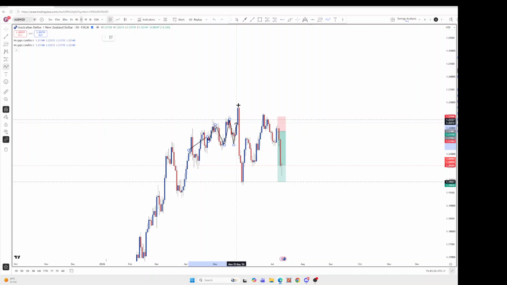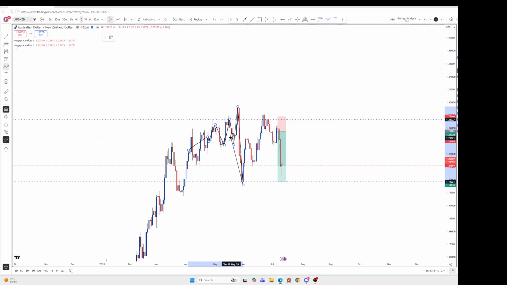It made this higher high here, and then price came down and made this lower low. While it's made this higher high, this here would have been the last swing that was making this bullish, and price dropped all the way into here, and it took out this swing, this swing, this swing, and this swing.